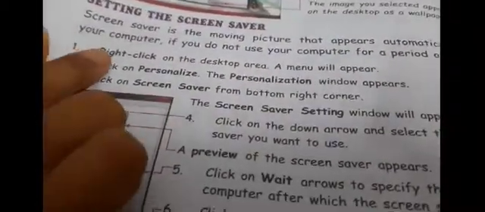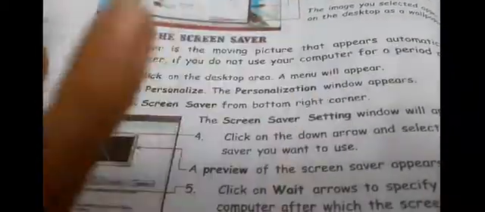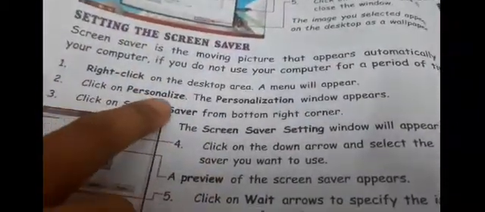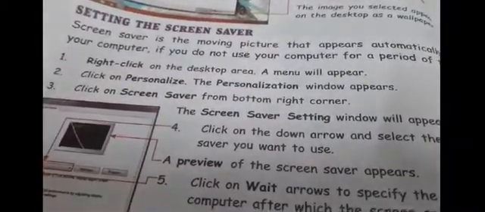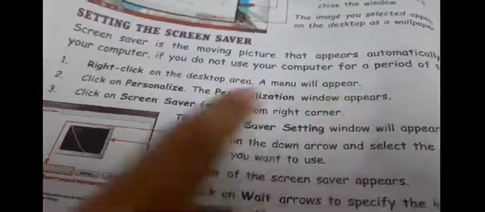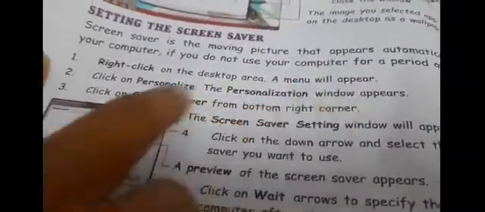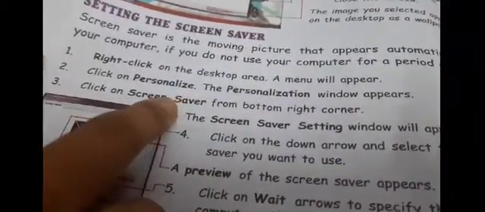So first, the same step you have to follow. Right click on the desktop area, a menu will appear. Alright, then click on the personalize option, which you have already selected for the background, and the personalize window will appear. Okay, then click on the screensaver from the bottom right corner. Now there is one option given there, screensaver.